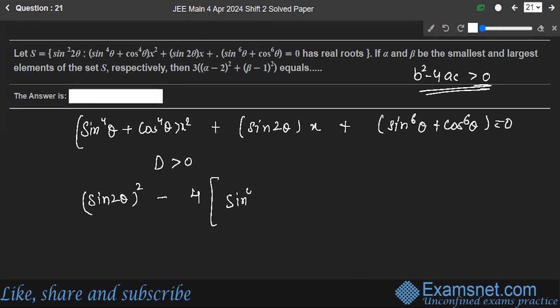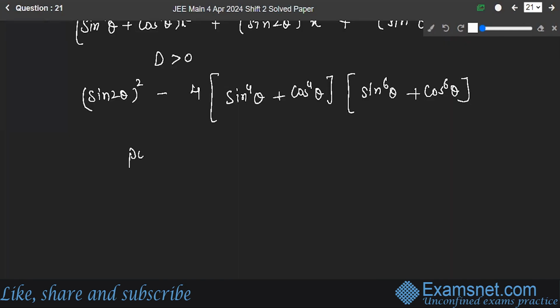Write down sin^4 theta cos^4 theta into this plus this. Now let's put sine square 2 theta is equal to t. So this expression will be now t square, yeah, this will be equal to t square minus 4.